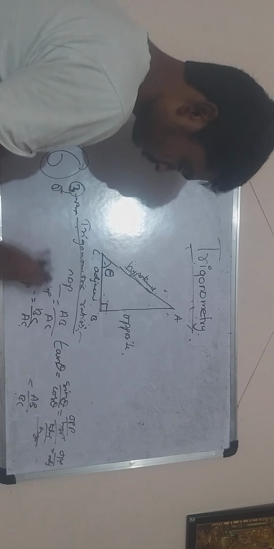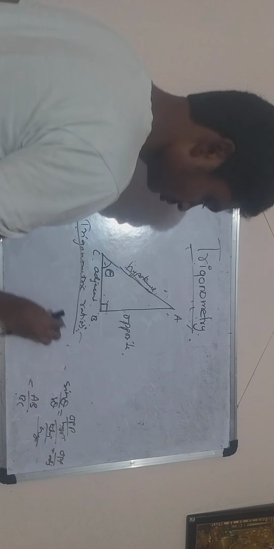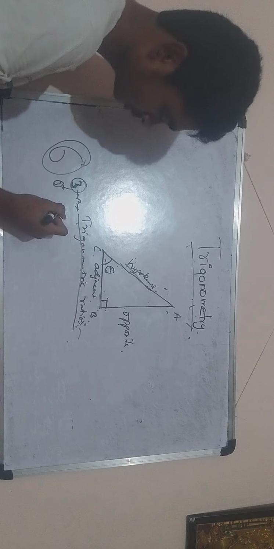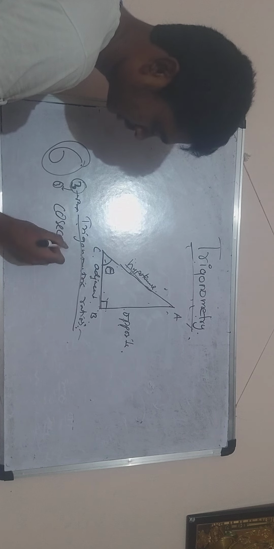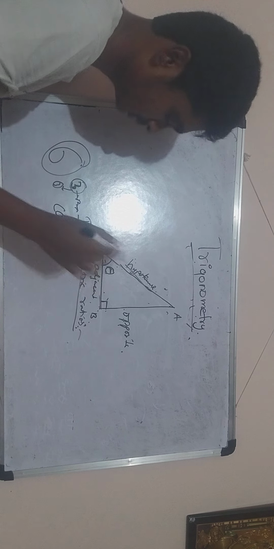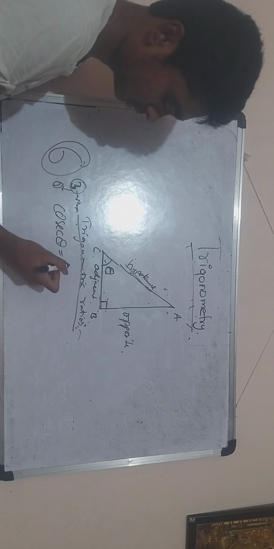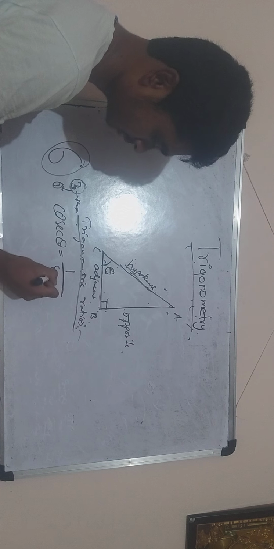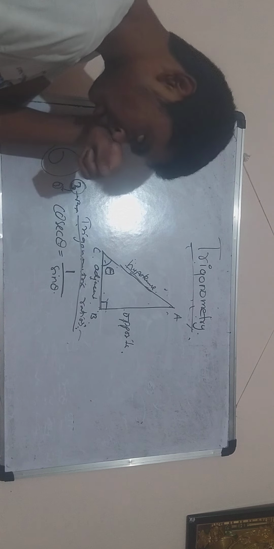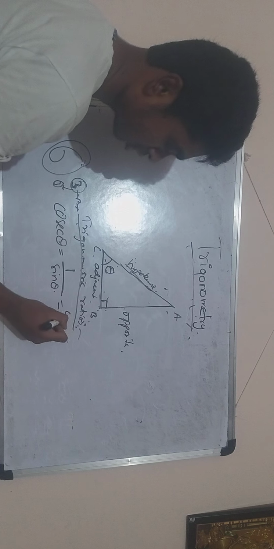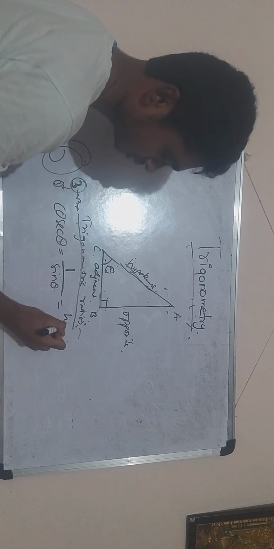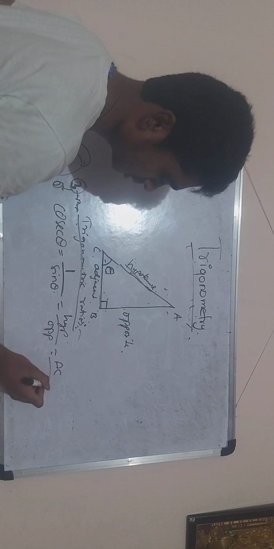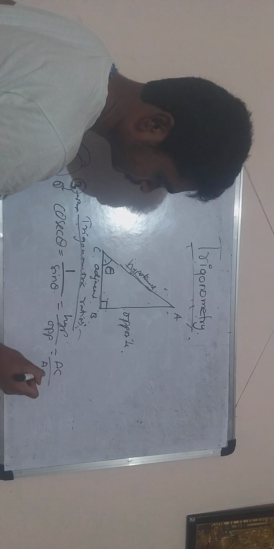So these are the three proper trigonometric ratios, and the other three are inverses of these. Cosecant theta, or cosec theta, is the reciprocal of sine theta. It is hypotenuse by opposite, which is AC by AB.